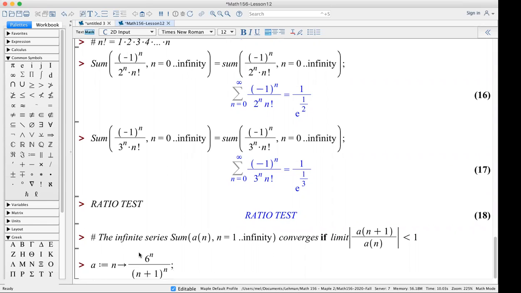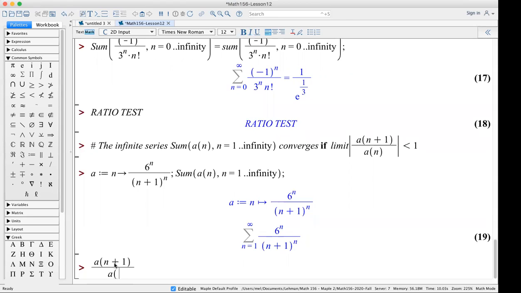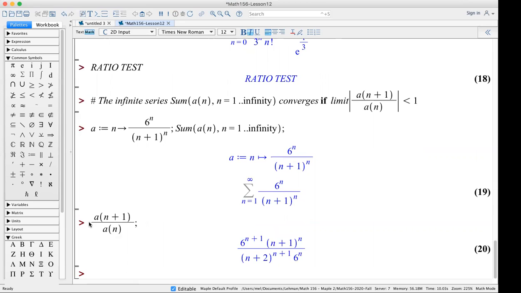And we want to look at the series, the summation of 6 to the n over (n plus 1) to the n. So what we have to consider is a_(n+1) divided by a_n, and we want to take the limit of this as n goes to infinity.